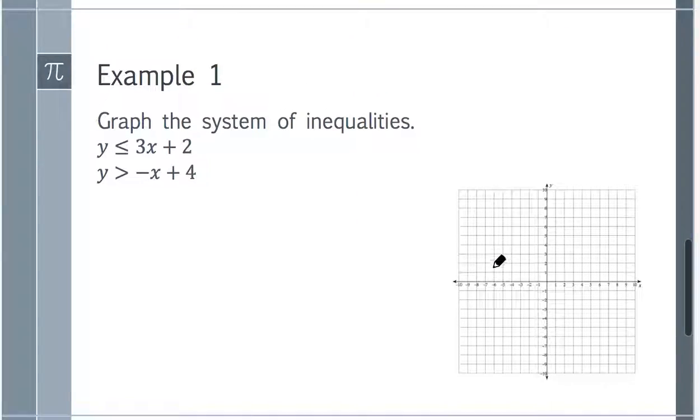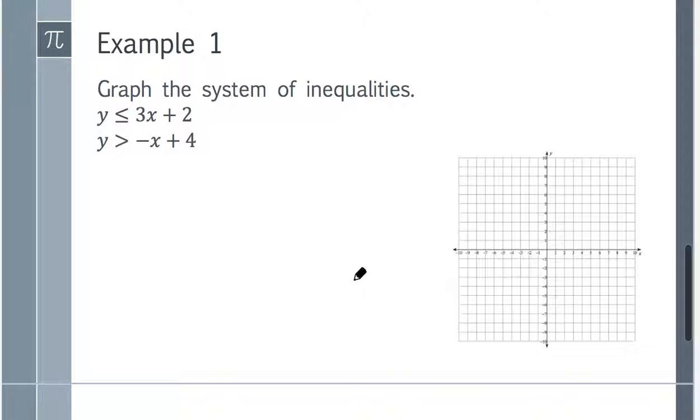All right, example 1. Graph the system of inequalities. We have two inequalities. First, y is less than or equal to 3x plus 2. What we first do is graph the y-intercept. Let me use blue for that. We go up to plus 2. The slope is 3, so we go up 3, over 1, up 3, over 1.